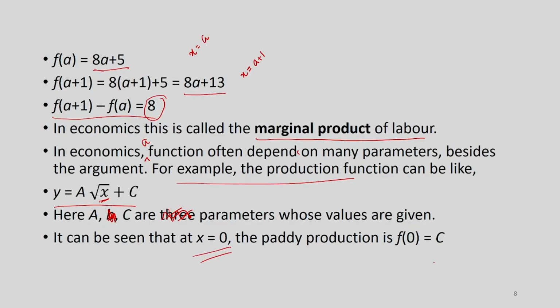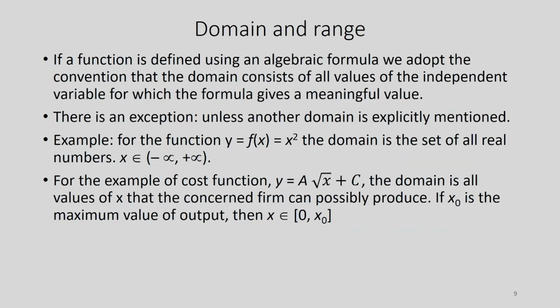It can be seen that if x is equal to 0, the paddy production f is equal to c. So, just put x equal to 0, you will get the value of y equal to c.